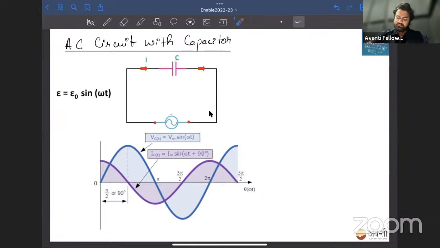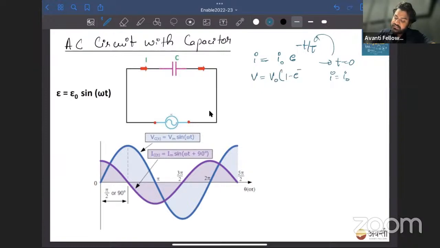Shall I write the equation? I is equal to I naught e to the power minus t by tau. So when t is equal to 0, you will get I is equal to I naught, which is maximum current initially. This was the current equation. Voltage का equation आता था V naught into 1 minus e to the power minus t by tau, where tau was the time constant. Correct?